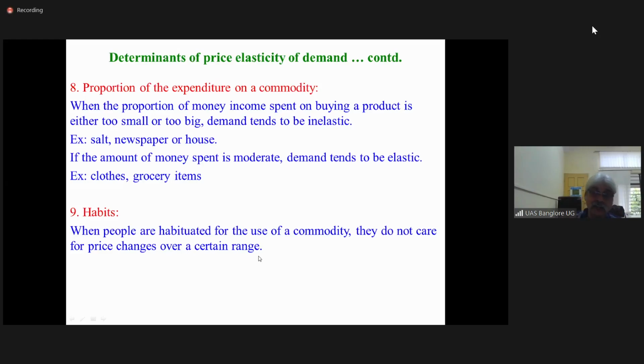If the price doubles, then the demand becomes less, so it becomes relatively elastic. But from 50 rupees to 60 or 65 rupees, it remains inelastic because you're addicted to that. The demand tends to be inelastic in such cases. Example, tobacco, liquor, and so on.